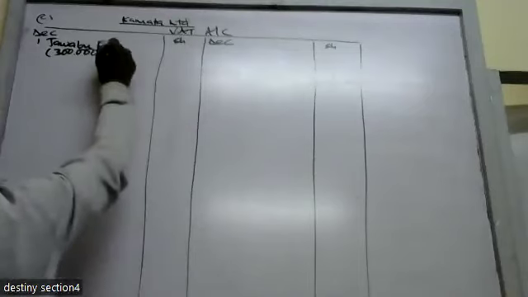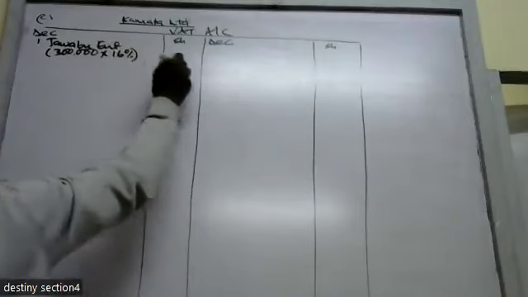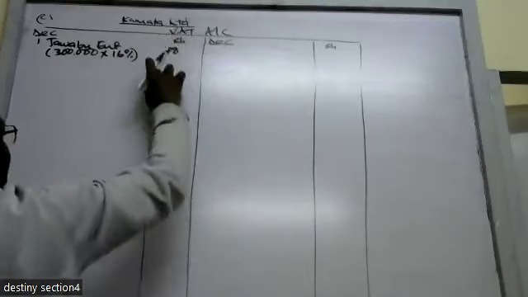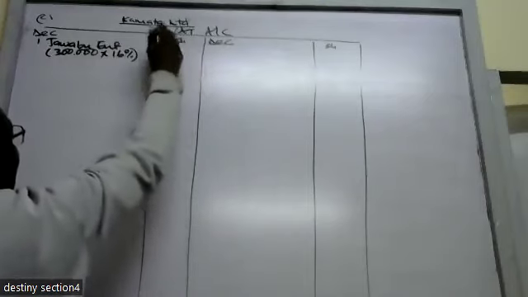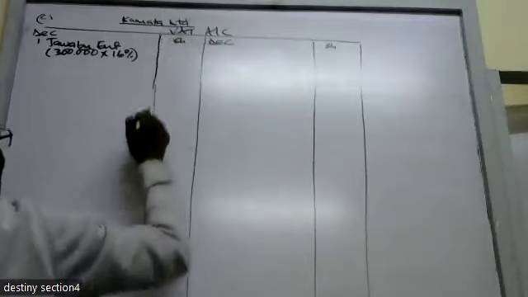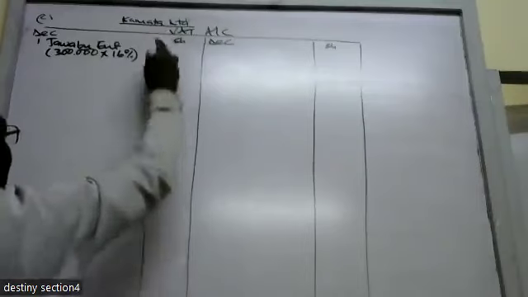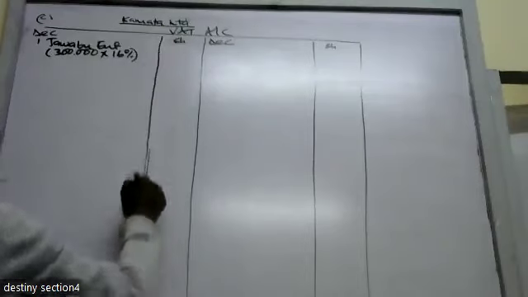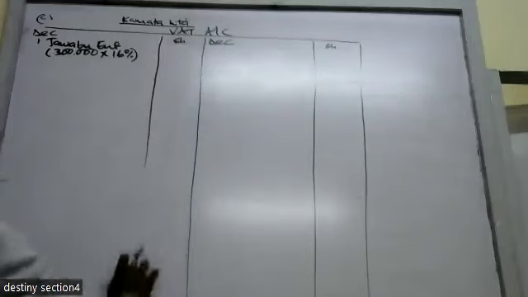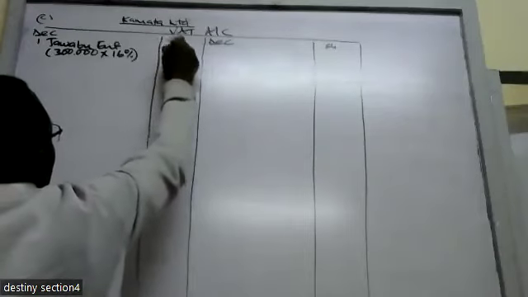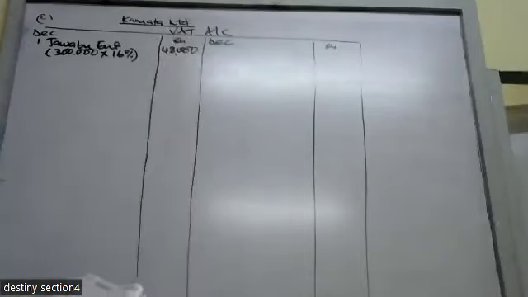Because they're exclusive, we multiply by 16% and we get 48,000. 48,000 will be a debit. So that will be our first entry.